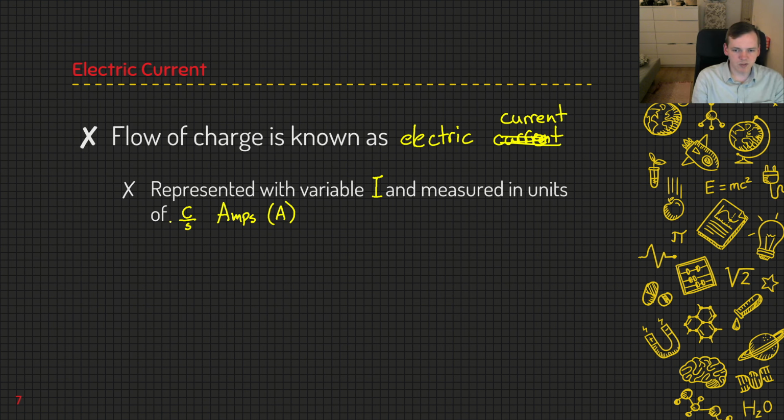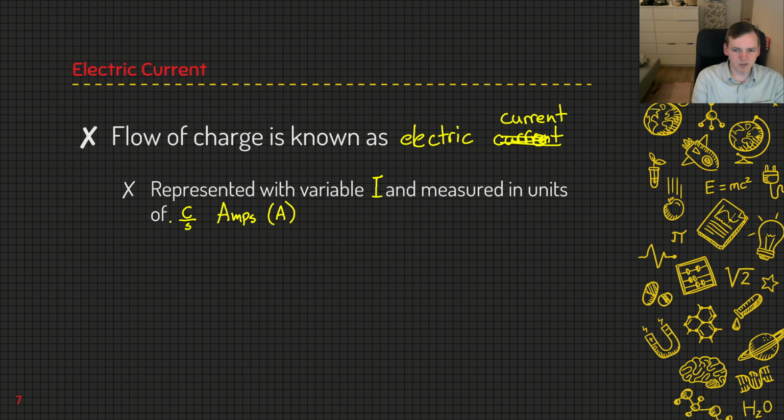Unfortunately, there are two kinds of current, and this is the result of discovering and defining this idea of current before protons and electrons were known about. The first one is called conventional current. This is the direction that we imagine positive charges moving.